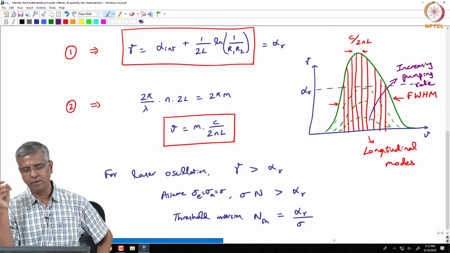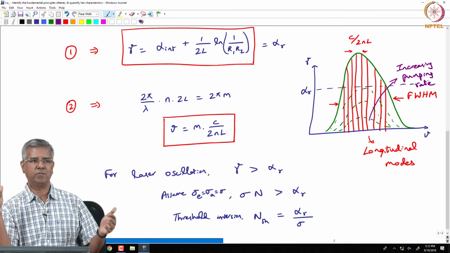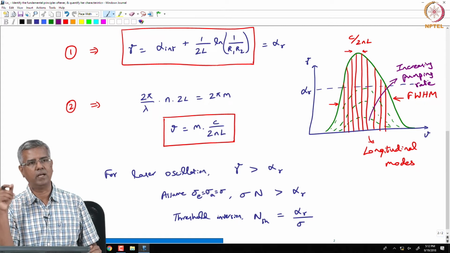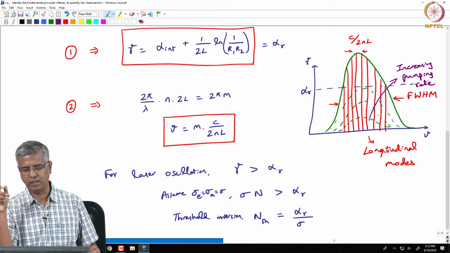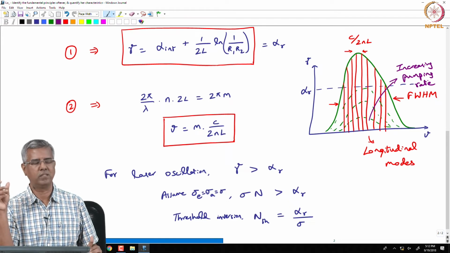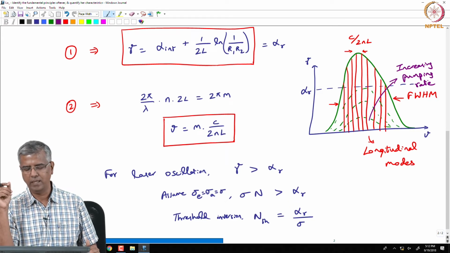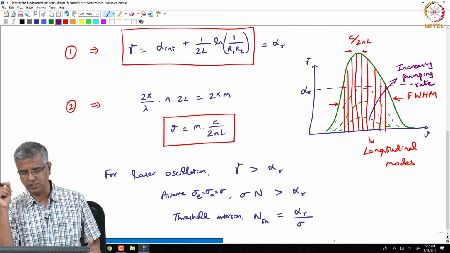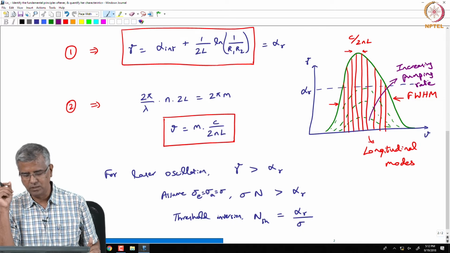If you have 100% reflectivity theoretically, then you get the lowest losses, and then it's easier to achieve that inversion. Okay.